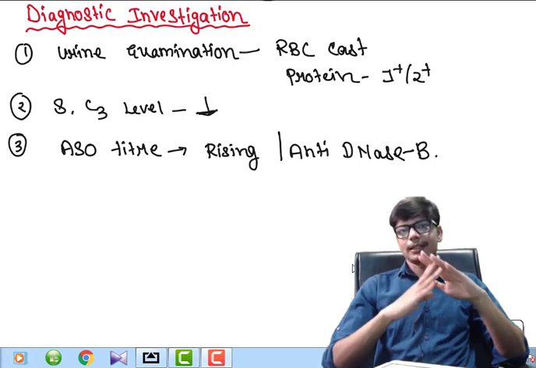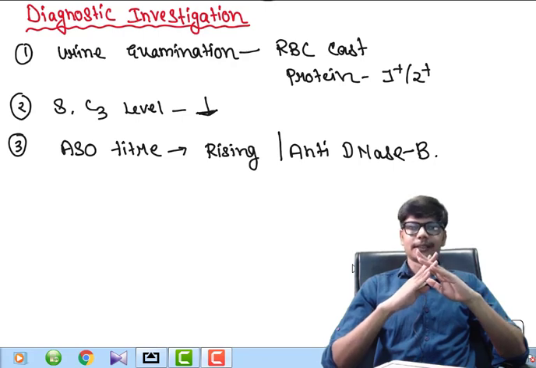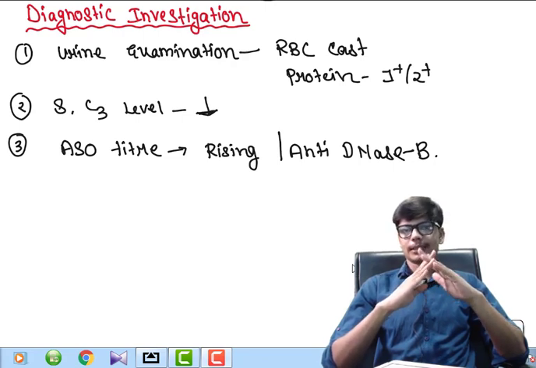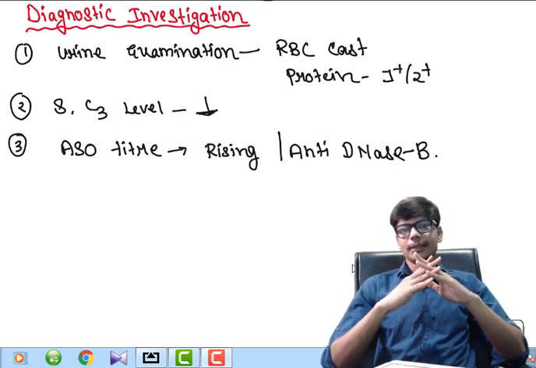Nephritic syndrome can be due to infection, that is post-infection, as the one we have discussed, acute post-streptococcal infection. Post other viral infection, nephritic syndrome can be present, or it can be due to non-infectious causes like SLE or lupus nephritis. So we have to consider the other causes of nephritic syndrome in a child and investigate accordingly.